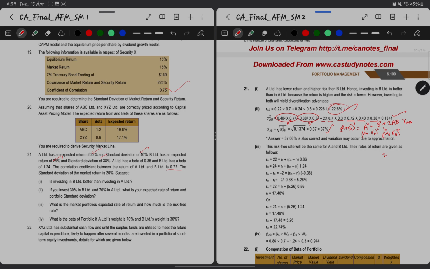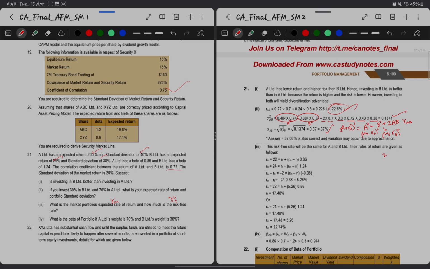Now the third requirement is, what is the market portfolio expected rate of return and how much is the risk free rate. So the market portfolio expected return is nothing but RM and the risk free return is nothing but RF. So we have to apply the CAPM approach to find this out. Since we have two companies' data, we can follow the CAPM method.